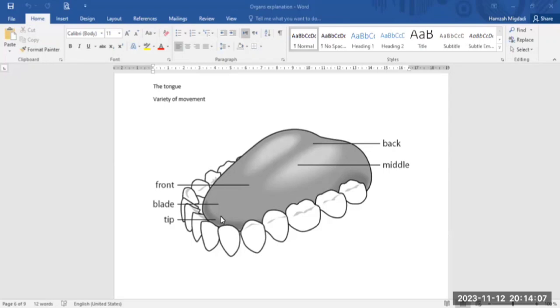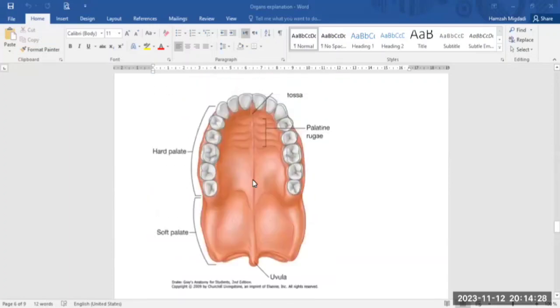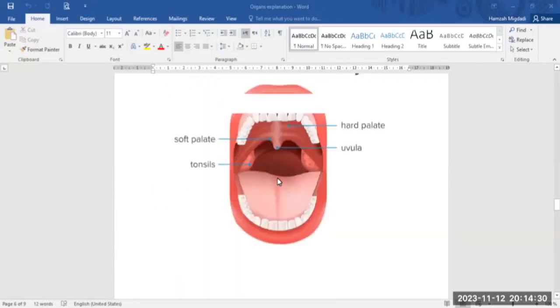Done, right? So if we want to make an anatomy for the mouth, the tongue itself, where is the back of the tongue? If we go back here, this is the back, right?